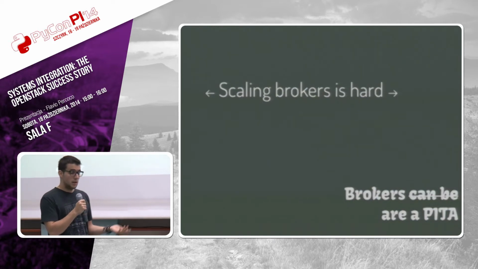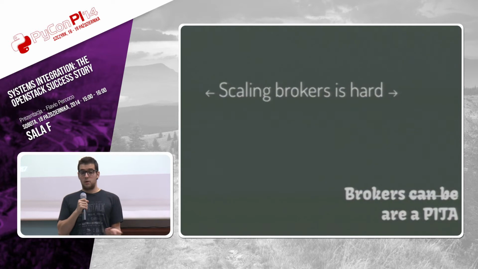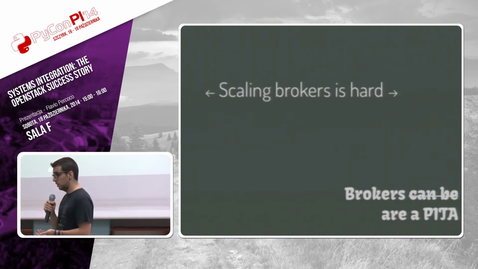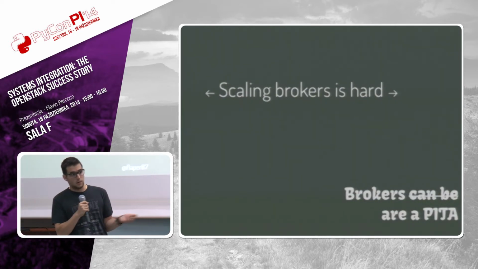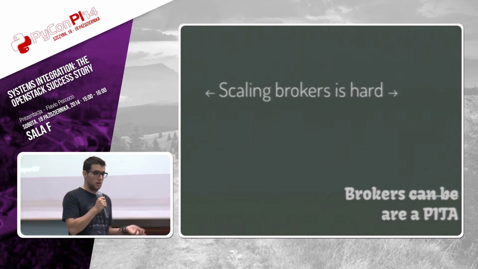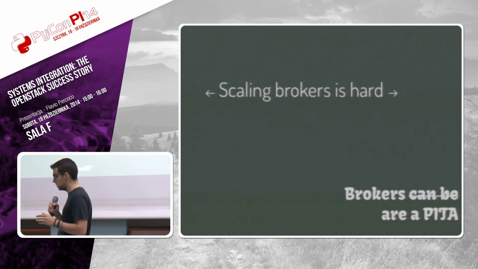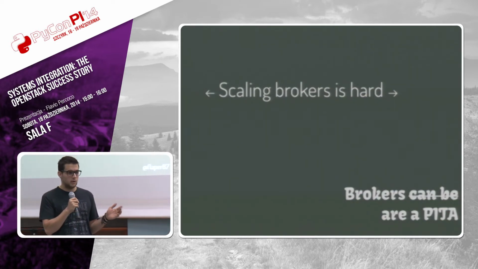Scaling brokers is hard, and the reason it is hard is because you have to synchronize messages. And if you care about ordering, you also have to keep order. So creating a RabbitMQ cluster is not everything. You can create a queue cluster easily, and I agree with that, and there are instructions on how to do that. But that doesn't work as well as, right? So scaling brokers is really hard. It's not a solved problem at all.